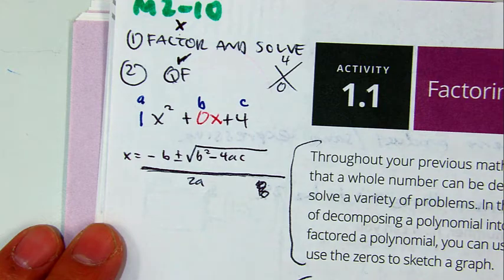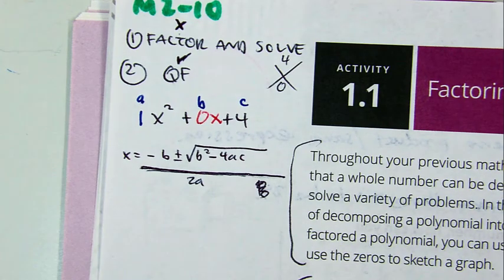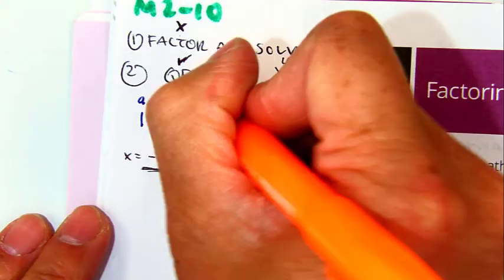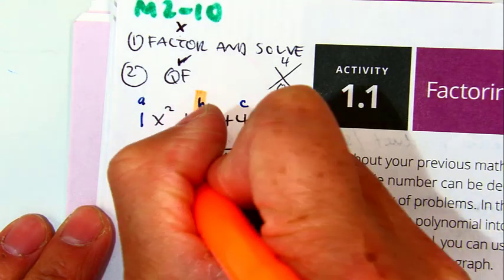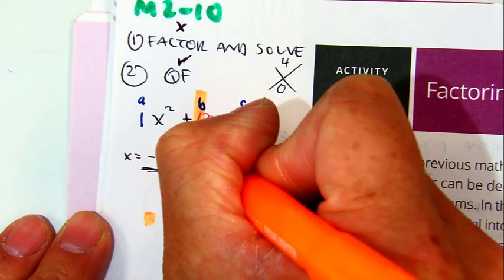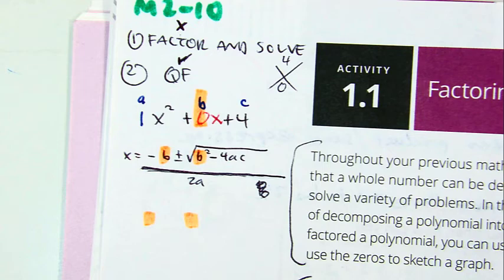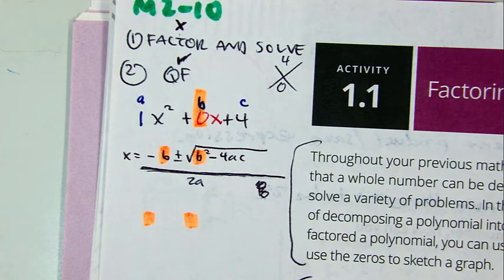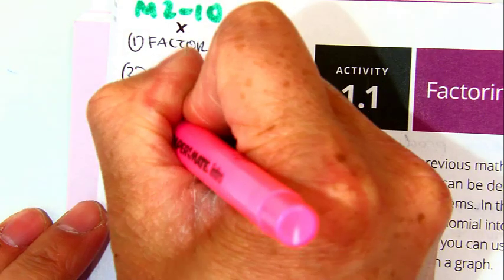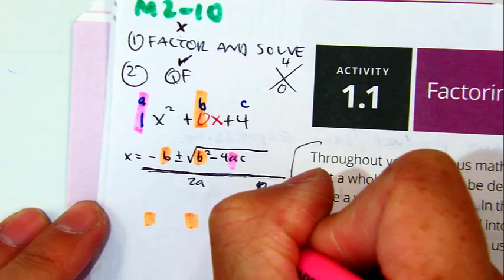And what you're going to do is substitute in your values. So if b is equal to 0, that means every b value in here, you're going to write 0. Every a value, you're going to write a 1.